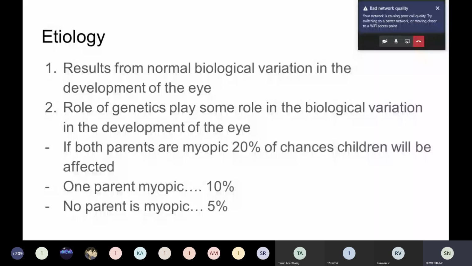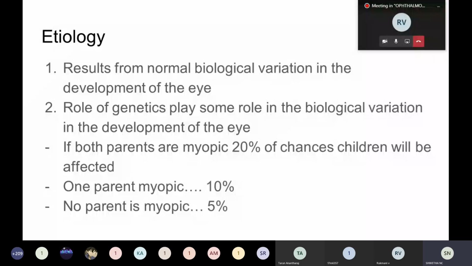If one parent is myopic, there is a 10% chance. Or if the parents are not myopic, there is only 5%, very less.